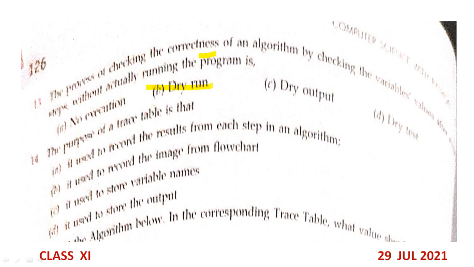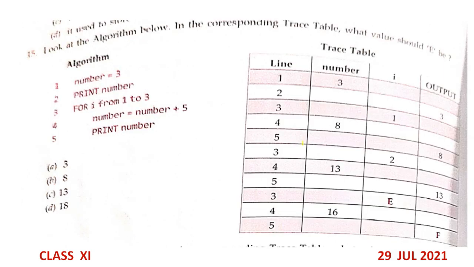Question number 14, the purpose of a trace table is that it is used to record the results from each step in the algorithm. It is used to record the image from the flowchart. It is used to store variable names. It is used to store the output, but the correct answer will be A. It is used to record the results from each step in an algorithm.